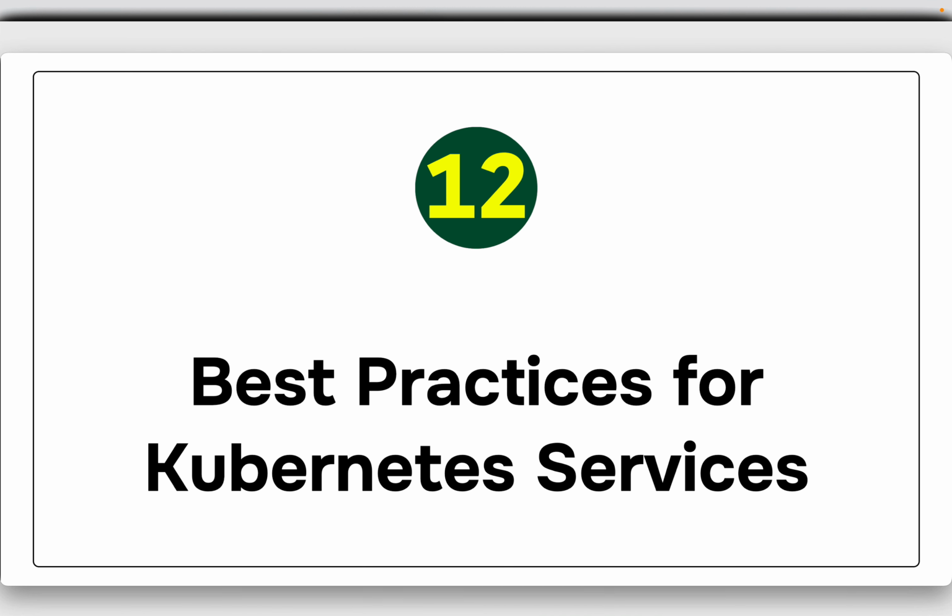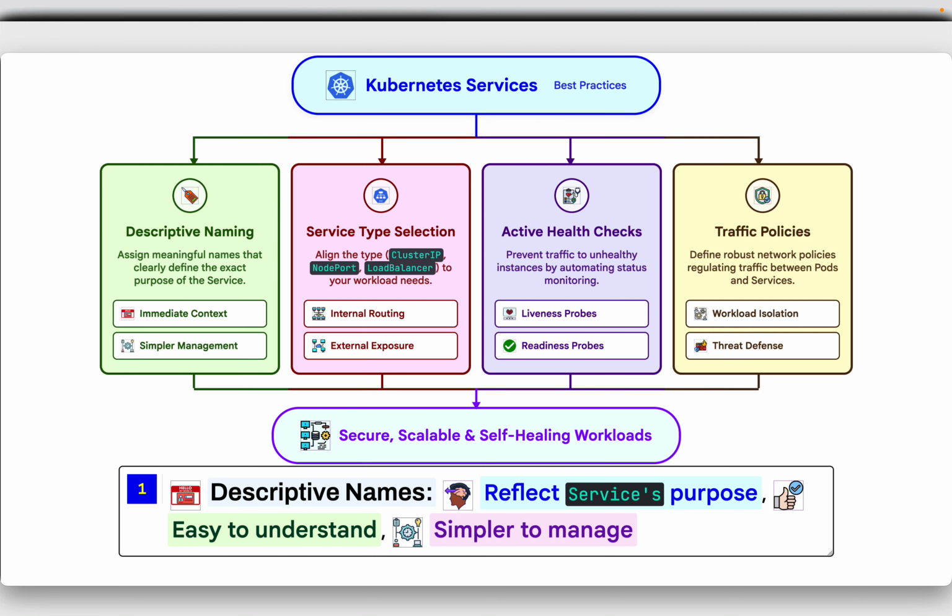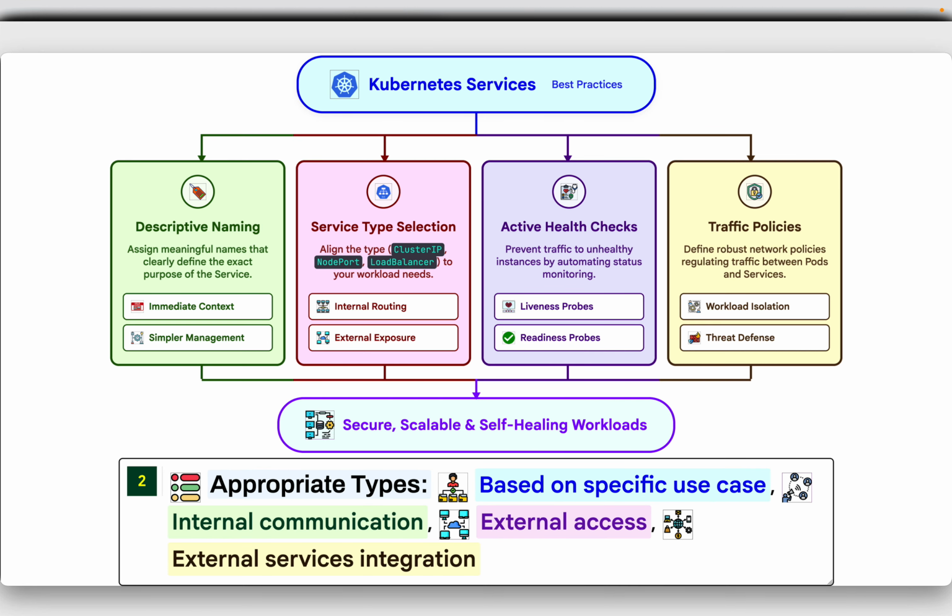12th topic is best practices for Kubernetes services. So when creating services, use descriptive and meaningful names that reflect the service purpose, making it easier to understand and manage. Choose the appropriate service type based on your specific use case, whether it is for internal communication, external access, or integration with external services.